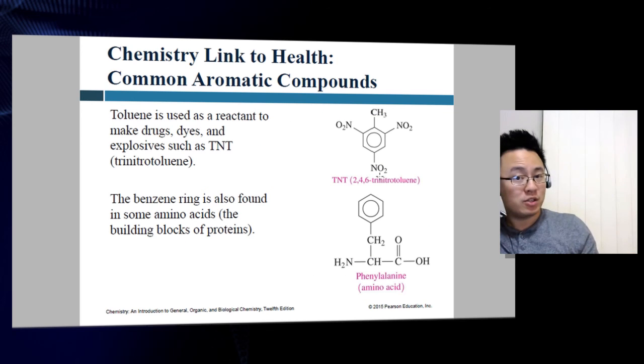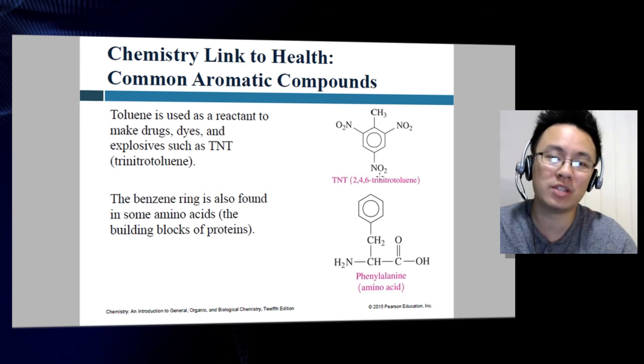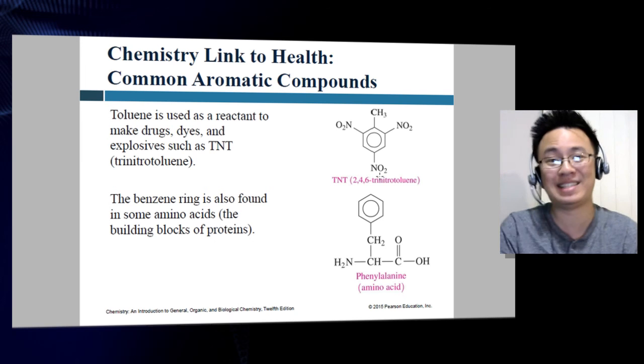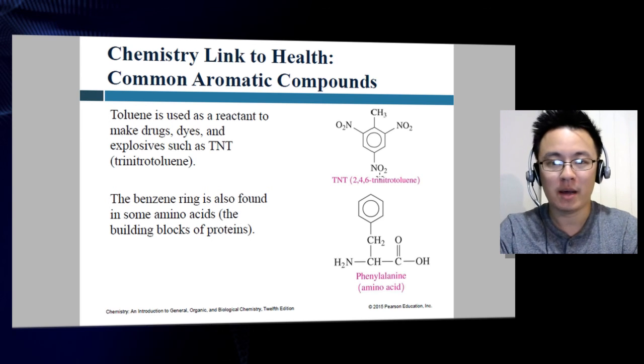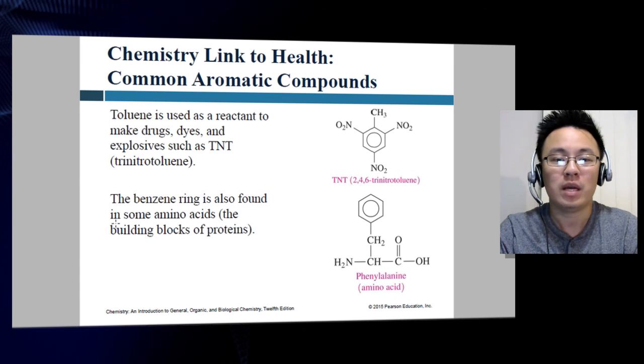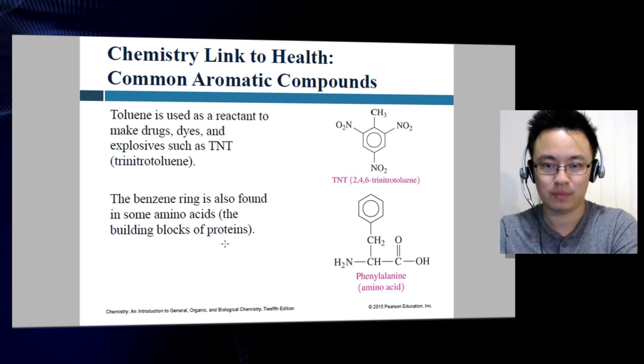Now, toluene is used as a reactant to make drugs, dyes, and explosives such as trinitrotoluene, or TNT, very commonly seen in old-fashioned cartoons. The benzene ring is also found in some amino acids, which are the building blocks of protein. If we were to take proteins and break them down to their individual Lego blocks, they would be called amino acids.